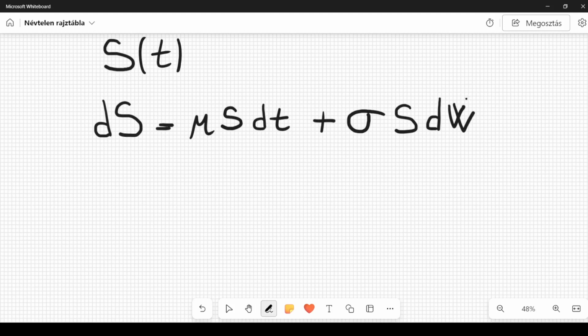So it's really a random walk. You can think of this as a random walk. So the expected value of dW, if you want, is 0, because we are averaging over all the possible values of this small increment.